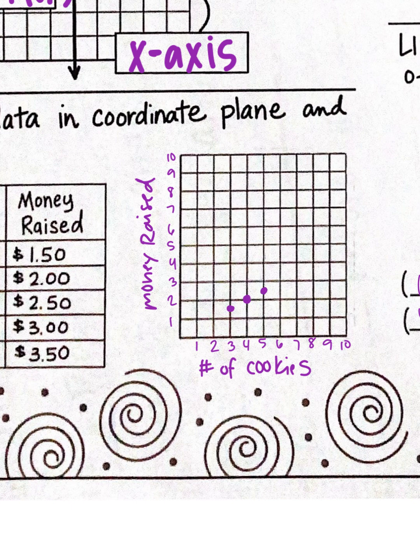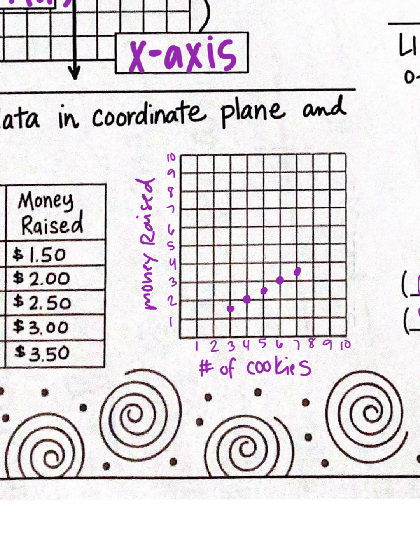So halfway between 2 and 3. And then if I sell 6 cookies, I earn $3. And 7 cookies is $3.50. Now this is a perfectly straight line. Y'all notice how those dots are increasing 50 cents at a time.